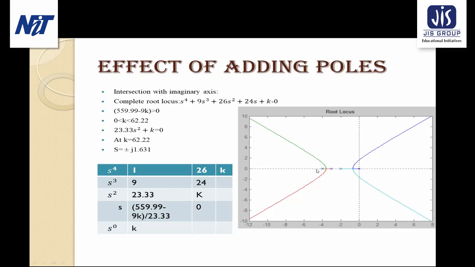And for these two, this is the second breakaway point, and after this breakaway point, it terminates at infinity by following the asymptotic angles. That means if we add a pole to the system, then the type of the system is increased, the order of the system is increased, and the stability of the system decreased.